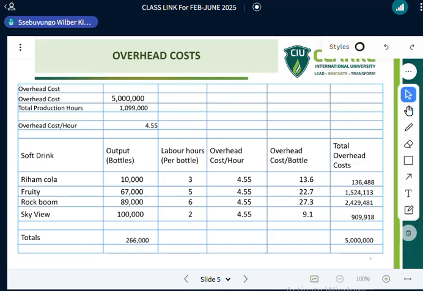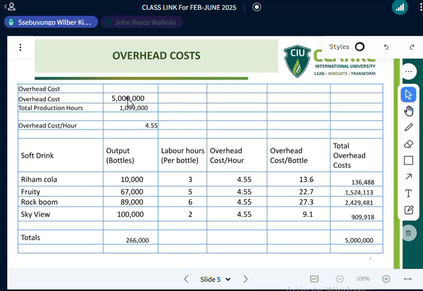But remember that we are intending to have the overhead cost for a single hour.